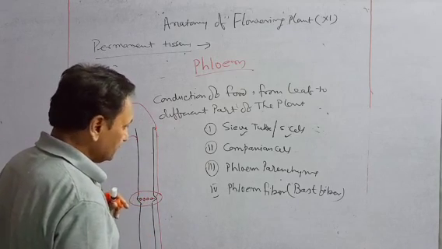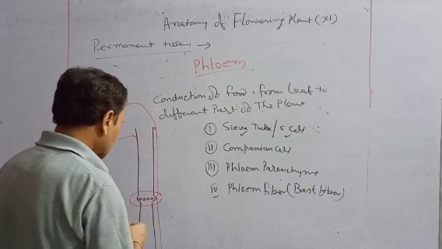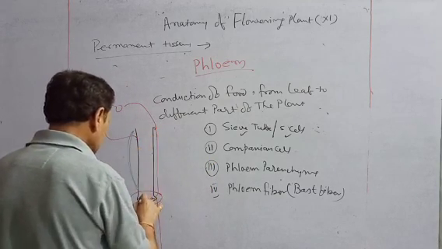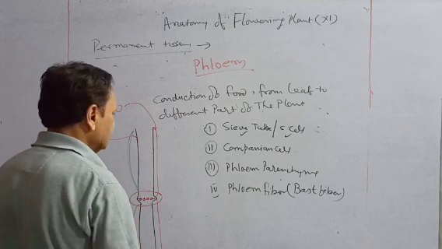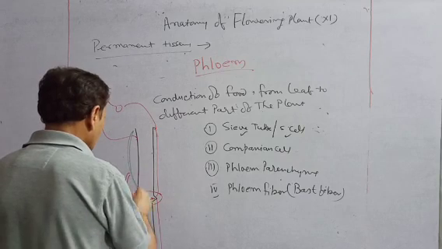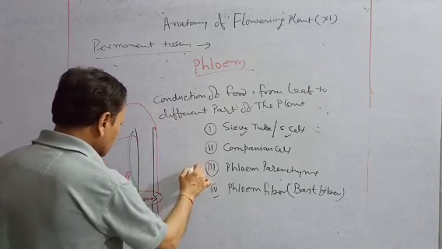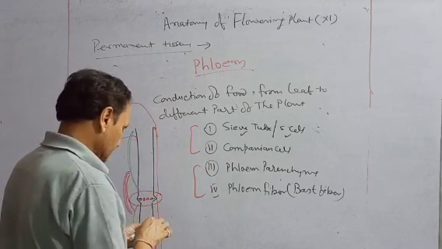In addition, the parenchymatous tissues are also present here, and bast fibers are connecting these two. This is the bast fiber. So overall we can say that these two are sisterly concerned and these two are sisterly concerned.